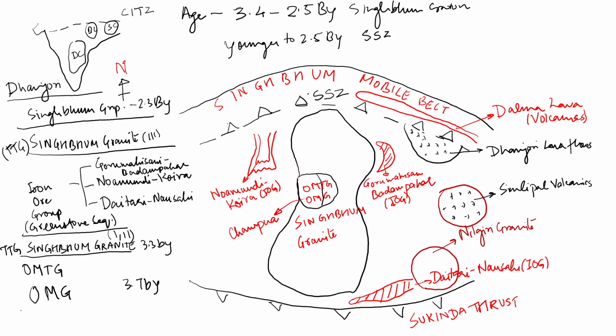Now let us see the different types of igneous rocks which are present in the Singhum Craton. So always draw it like an eye. If you draw it like this, you will get full marks in your UPSC examination, GSI and all. So this over here is the Singhum Mobile Belt.